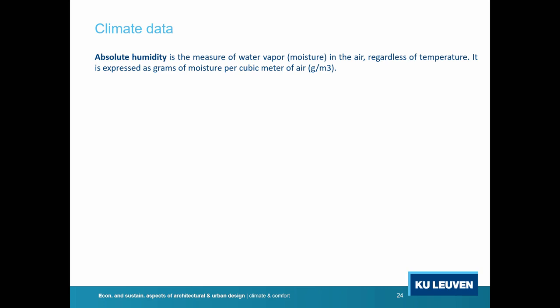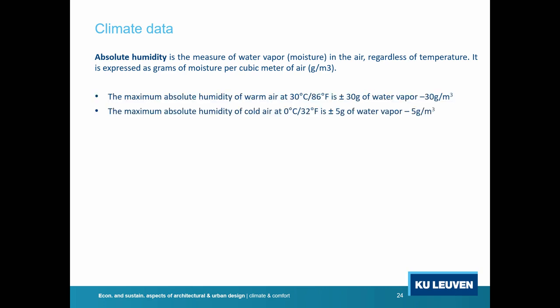Now, temperature comes into play when we talk about relative humidity. Why? Relative humidity changes with temperature, even if you have the same absolute amount of humidity. Why? Well, the maximum amount of humidity that can be carried in the air depends on the temperature. So the higher the temperature, the more absolute humidity can be held in the air.